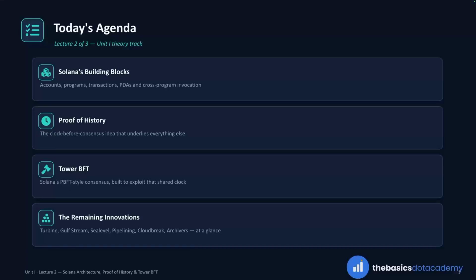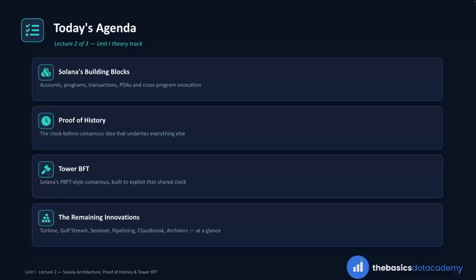What exactly are we going to cover today? First, we are going to go over Solana's building blocks, which includes accounts, programs, transactions, PDAs, which is program derived addresses, and CPI, cross program invocation. Then, what exactly is proof of history, and what do we mean by the clock before consensus idea that underlies everything else?